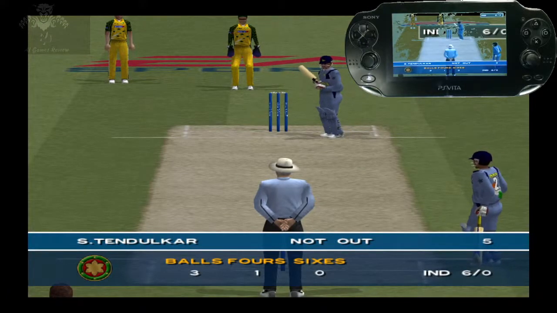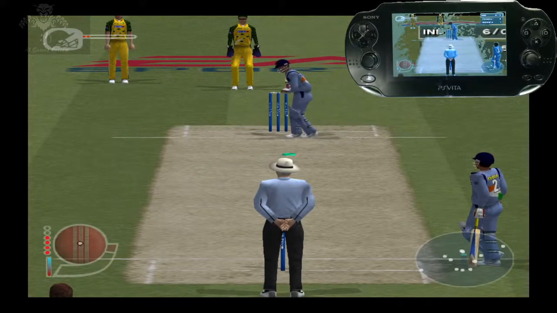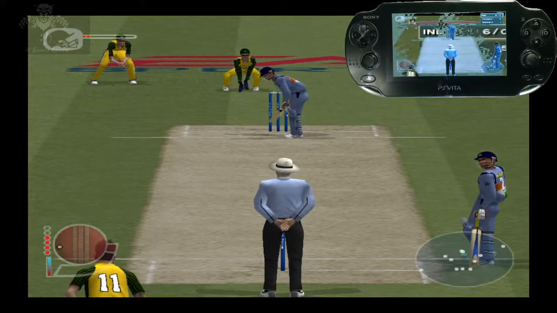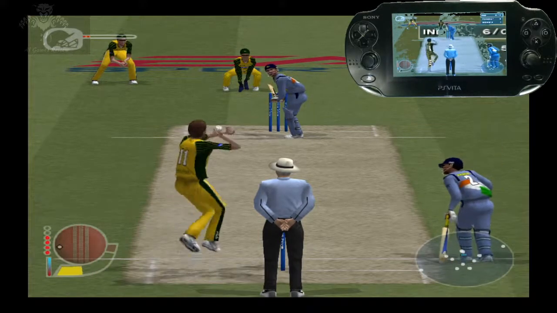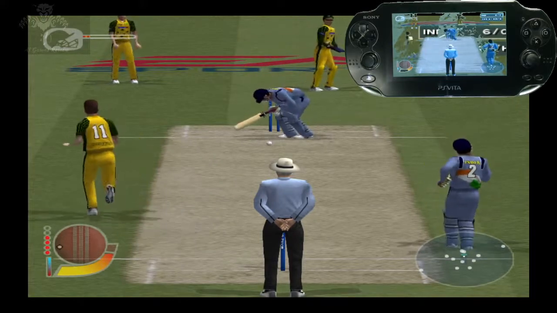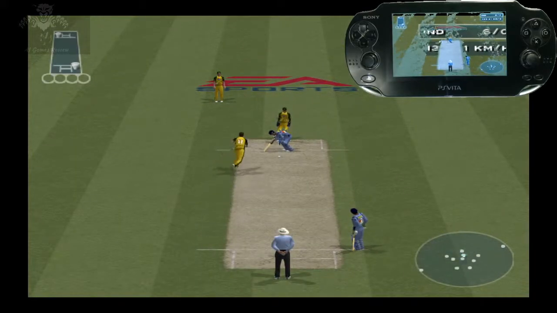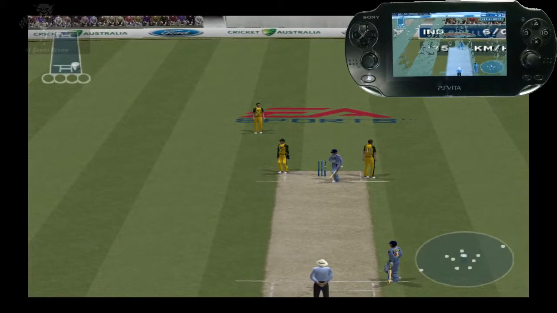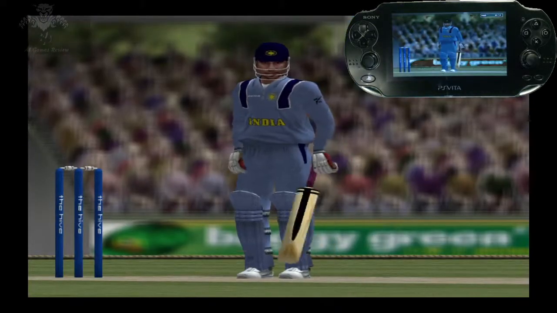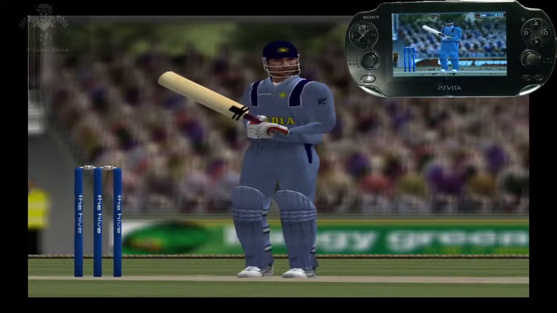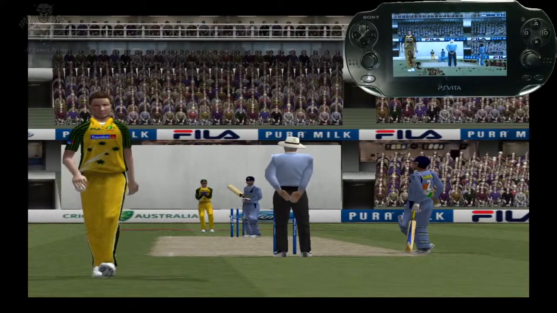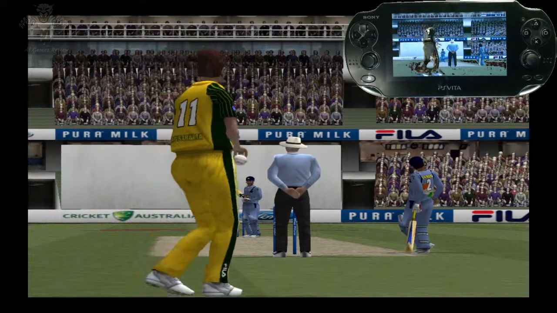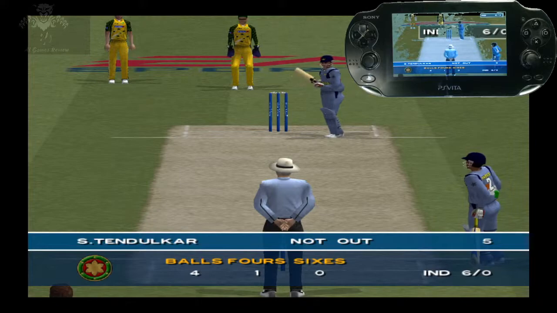McGrath to bowl to Tendulkar. McGrath to Tendulkar.